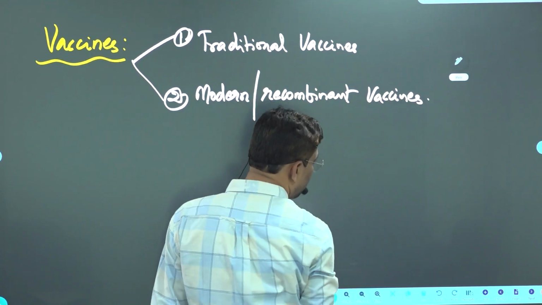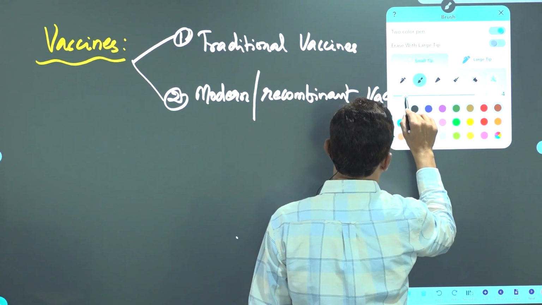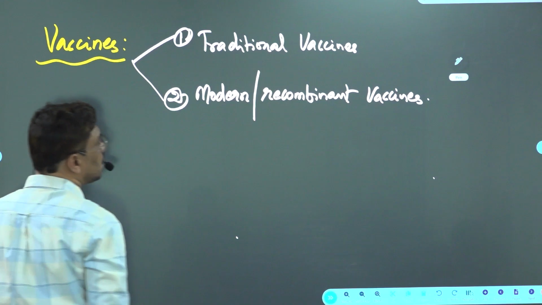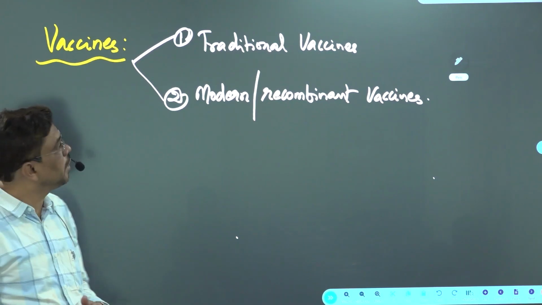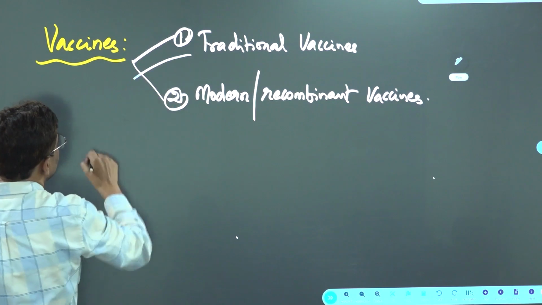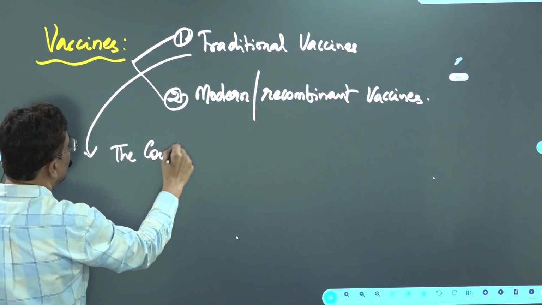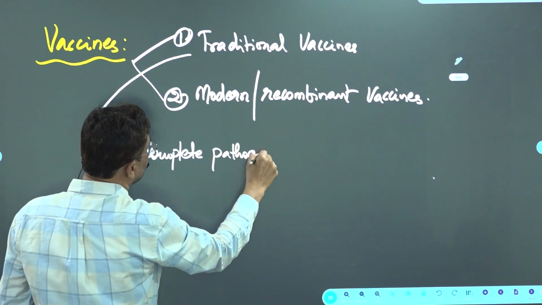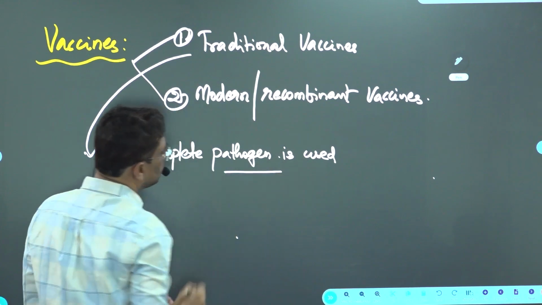So what are traditional vaccines? The vaccines which are produced by traditional, crude methods. That means in traditional vaccines, the whole or complete pathogen is used in the preparation of the vaccine.